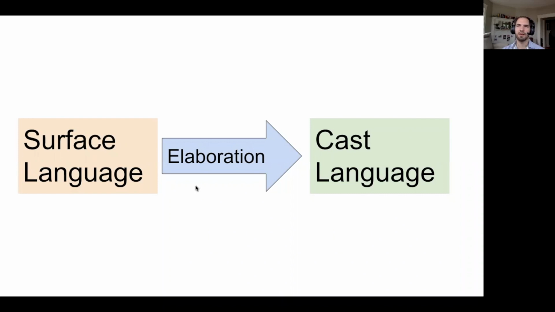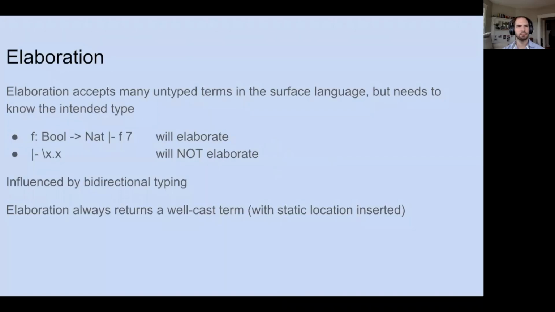Finally, we have our elaboration procedure, which takes possibly untyped surface language terms and converts them into the cast language. Elaboration accepts almost all untyped terms, but there are some untyped terms that will not elaborate.